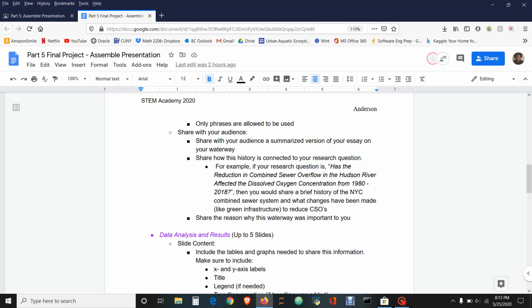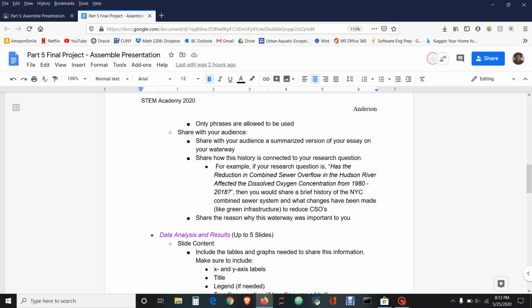Then that means you should share just a very brief, maybe 1 or 2 sentence, summary or history of, let's say, the New York City combined sewer system and how that impacted the water quality, which then impacted the amount of dissolved oxygen because of all of the nutrients entering that waterway during a rainstorm.